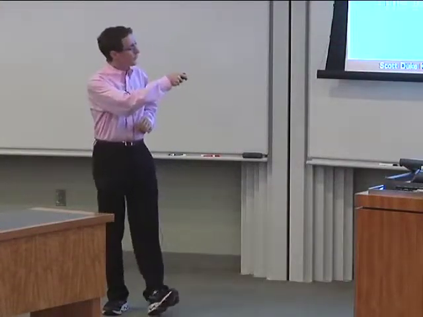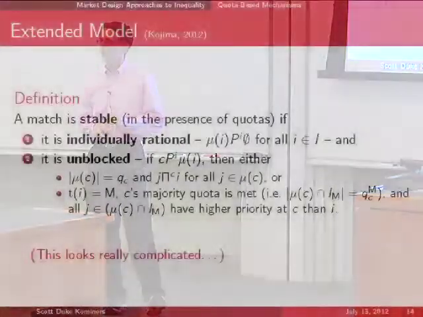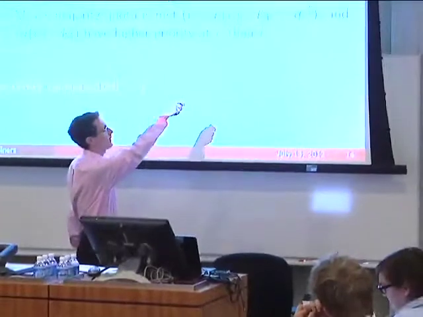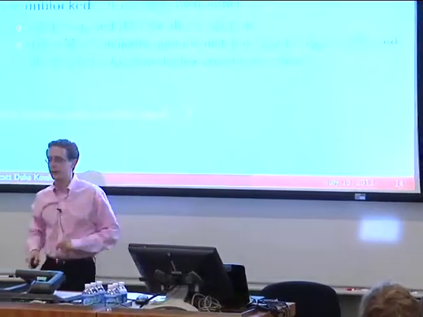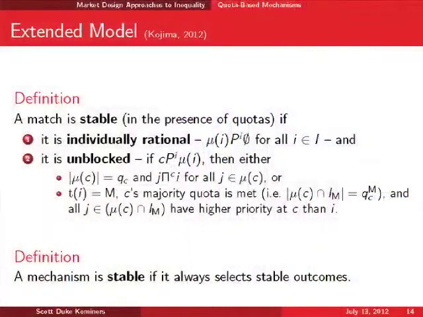But now, the second possibility: your type is majority, and the majority quota slots at the school are full, so they can't actually accept any more members of the majority. That's this condition: mu of C, the assigned students at C, intersected with the set of majority students, is equal to the quota, and all of the majority students at the school have higher priority than you.